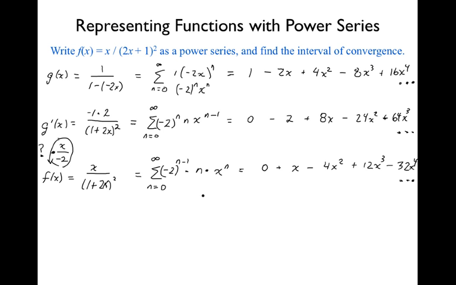So your summation form needs to get you these terms, as long as you've done the math on these terms right. So I did the derivative, and then I did times x over negative 2 to get these polynomial terms. So that's a way to check to make sure that your summation form is producing exactly those terms.